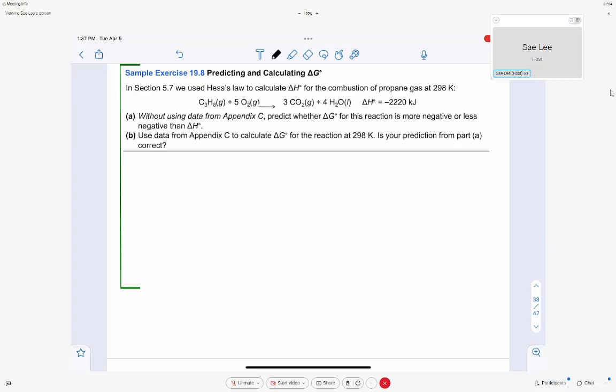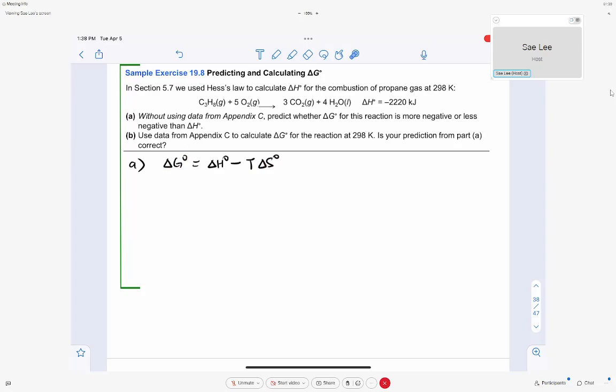All right, for question A, the question wants us to make a guess without performing any math. Since we already know that delta G naught equals delta H naught minus T times delta S naught, if we can make a guess about the entropy change, we can definitely make a rough guess about the delta G value.